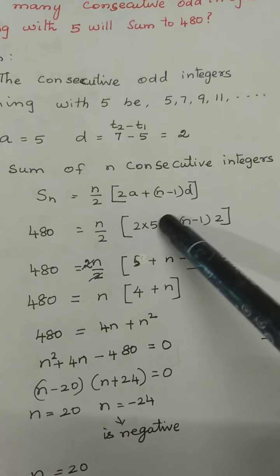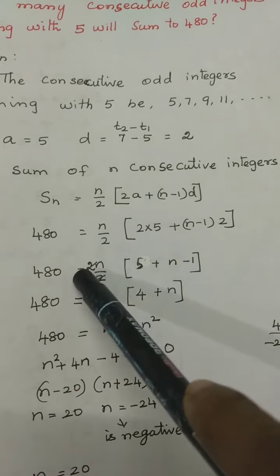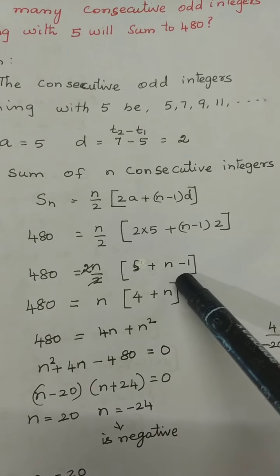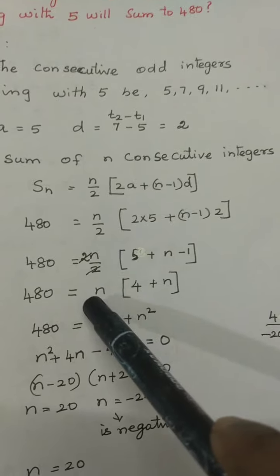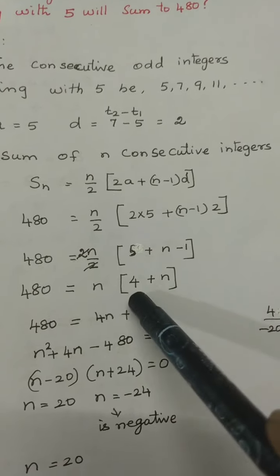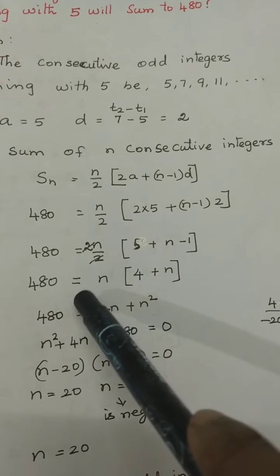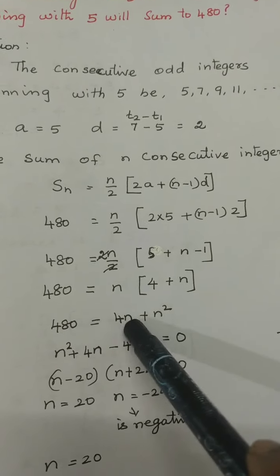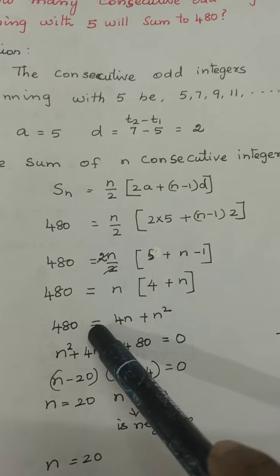So you take 2 outside commonly, then you cancel. Remaining is 5 plus n minus 1. So 5 minus 1 is 4, 4 plus n. Here n into 4 plus n, so 4n plus n square is equal to 480.